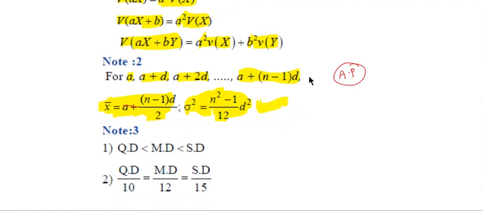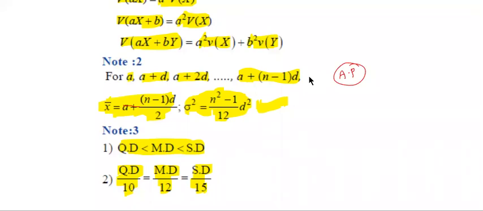Next, this is the last formula. Quartile deviation is less than mean deviation, which is less than standard deviation. This is a relation between quartile deviation, mean deviation and standard deviation. Quartile deviation divided by 10 is equal to mean deviation divided by 12 is equal to standard deviation divided by 15.